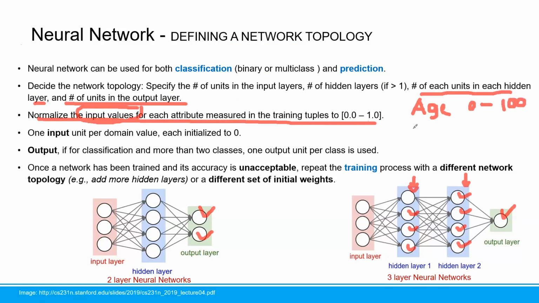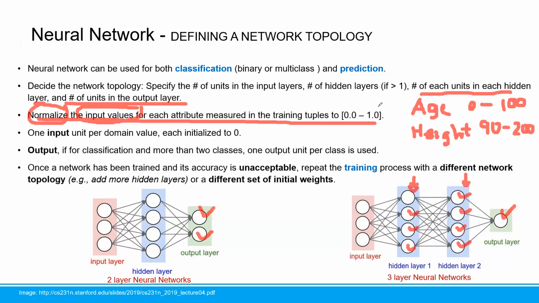And you will have another variable, for example, height. The height of ordinary people, maybe we can say between 90 and 200. So the range is different. We need to make it the same range for this neural network by doing the normalization.